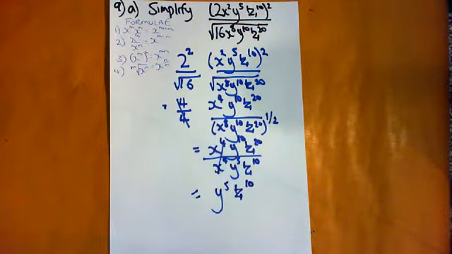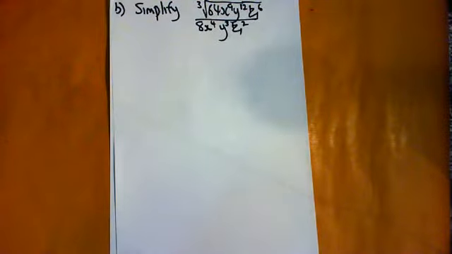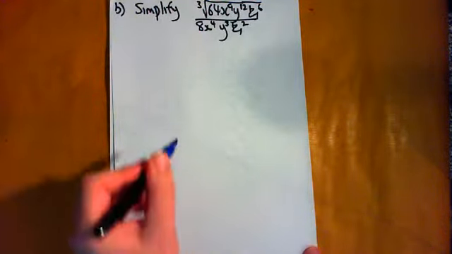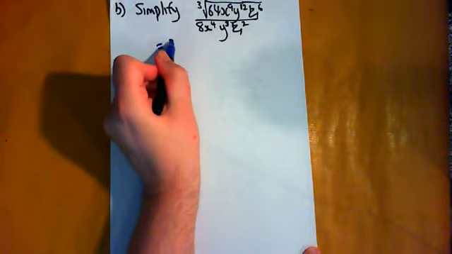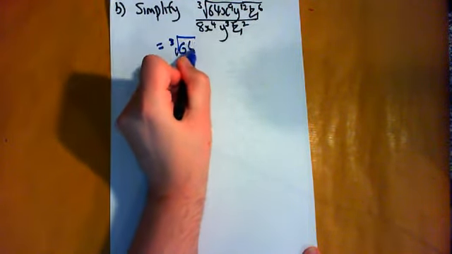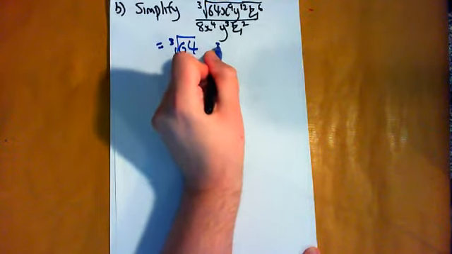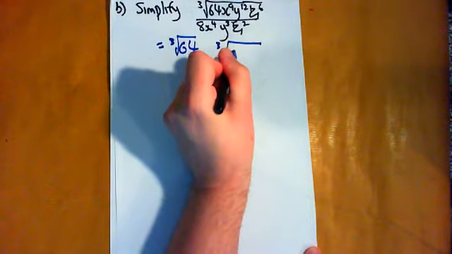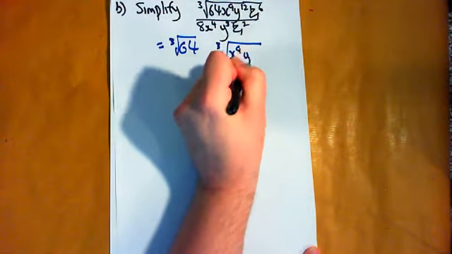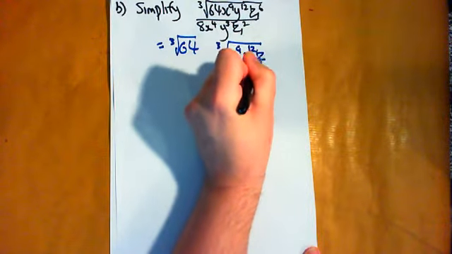Now question B, we have to simplify cube root of 64, x to the 9, y to the 12, z to the 6. That's all over 8x to the 4, y cubed, z squared. So separate the number part from the letter part. So that gives us cube root of 64 times the cube root of x to the 9, y to the 12, z to the 6.